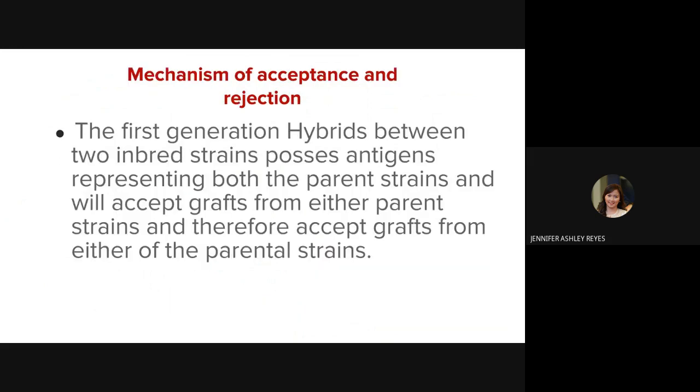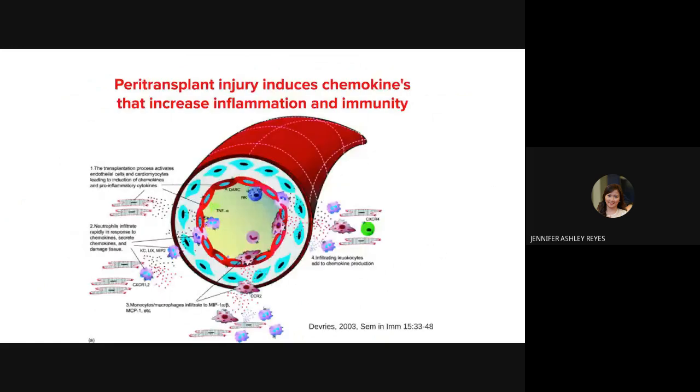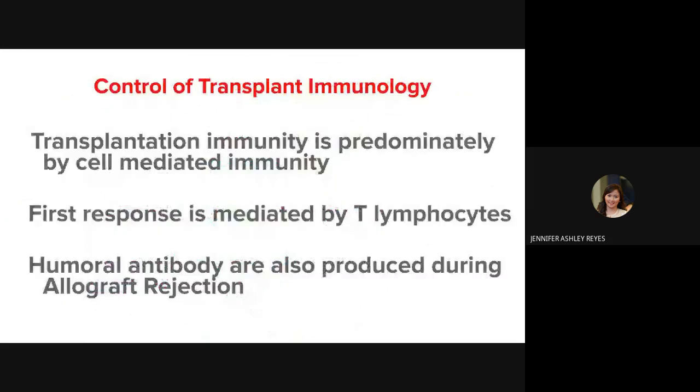Okay. This just shows the vascular injury that happens during rejection. Di ba yung sabi natin, the target mostly of the acute and chronic rejection are the vasculature. So, paano ba natin kinokontrol?